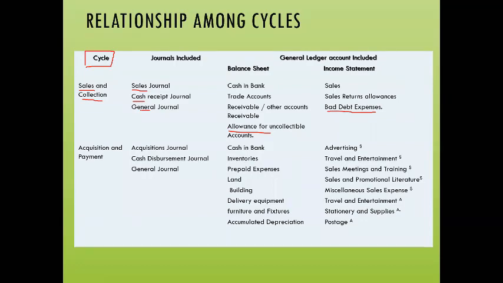The accounts that will be reviewed under the sales and collection cycle, from the balance sheet, are cash, trade accounts receivable, and allowance for uncollectible accounts. From the income statement, sales, sales returns and allowances, and bad debt expense. Those are the accounts we have to take into consideration while we are allocating the accounts.